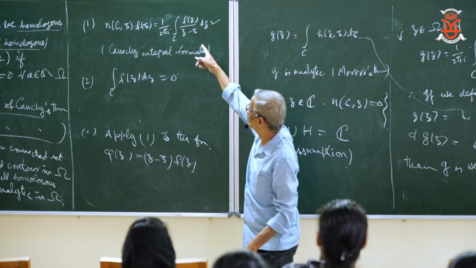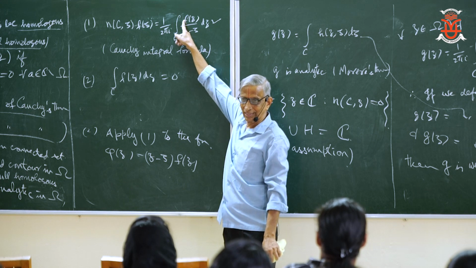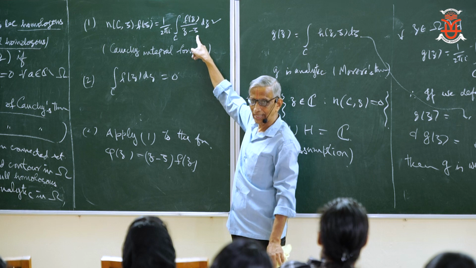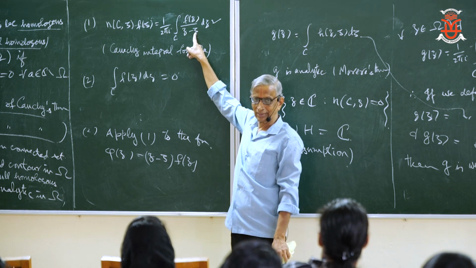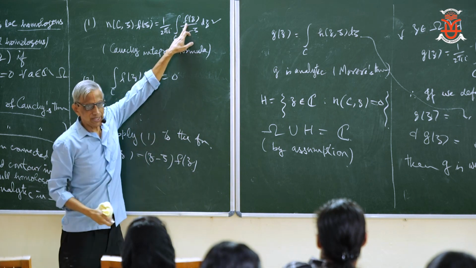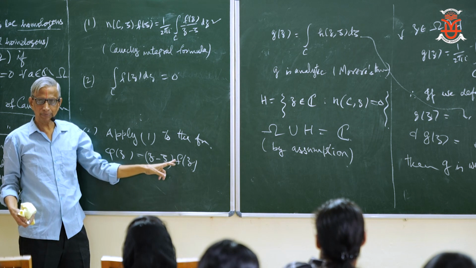So what happens to the integral now? You write h here. You're going to just have integral fz. Replace fz by z minus zeta times fz.